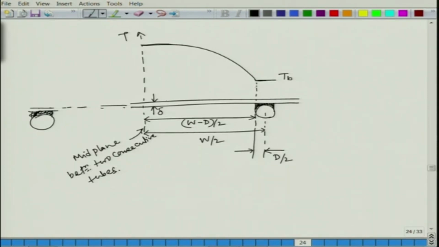So, that is T b, and here we do not know what the T is, okay, but we do know that this is symmetric. This is the plane of symmetry. Okay. What does it mean? That across that plane the temperature distribution will be exactly the same on both sides. Okay.